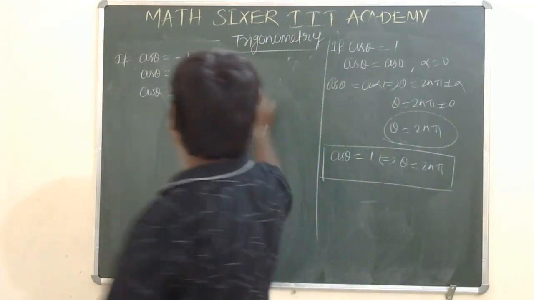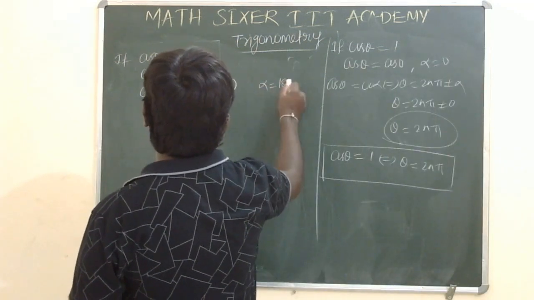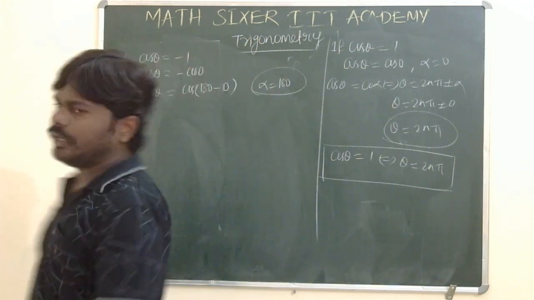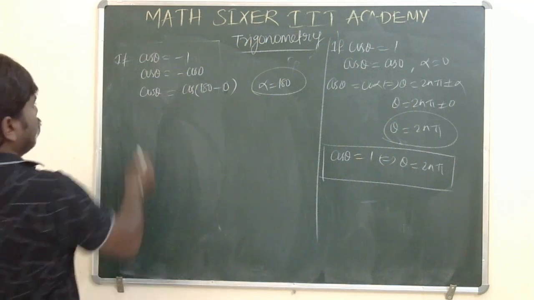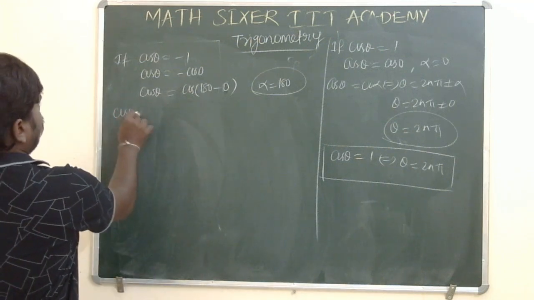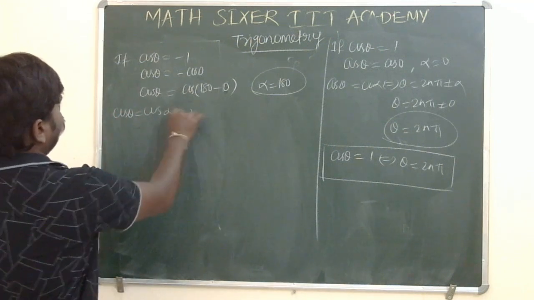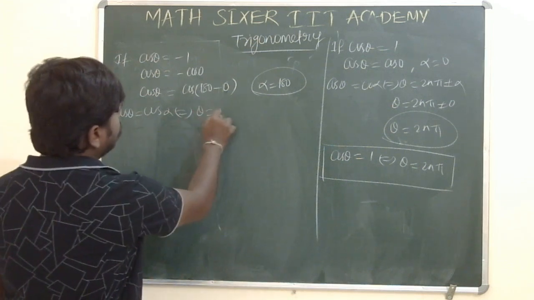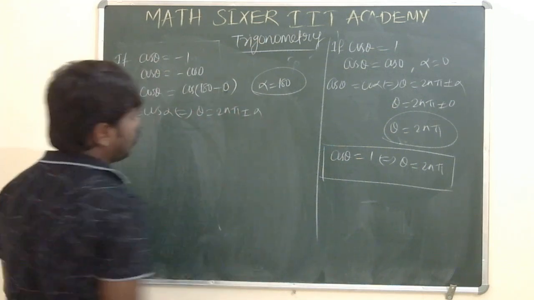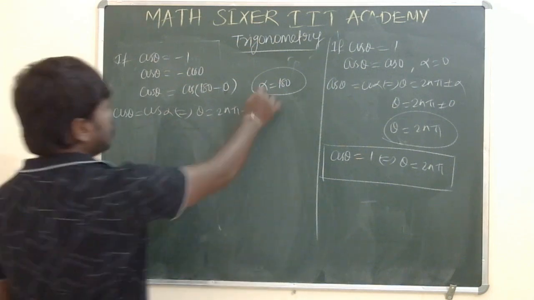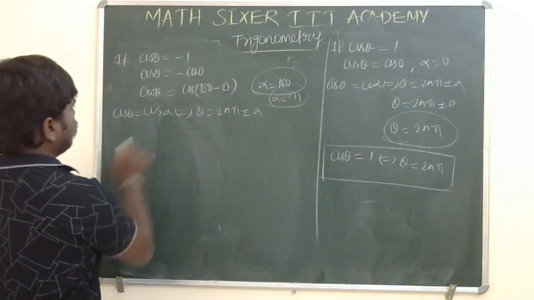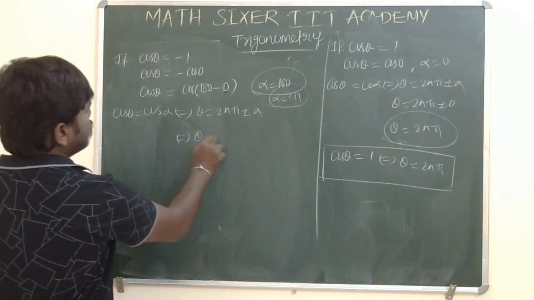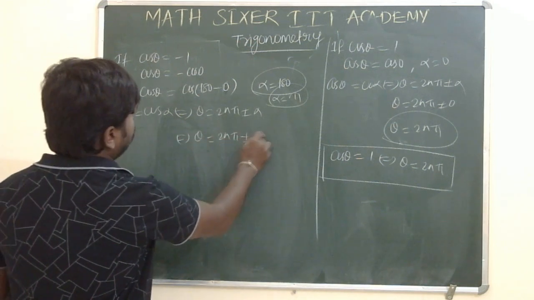So in place of alpha we have 180, that is pi. Cos theta is equal to cos alpha if and only if theta is equal to 2n pi plus or minus alpha, so with alpha equal to pi, theta is equal to 2n pi plus or minus pi.